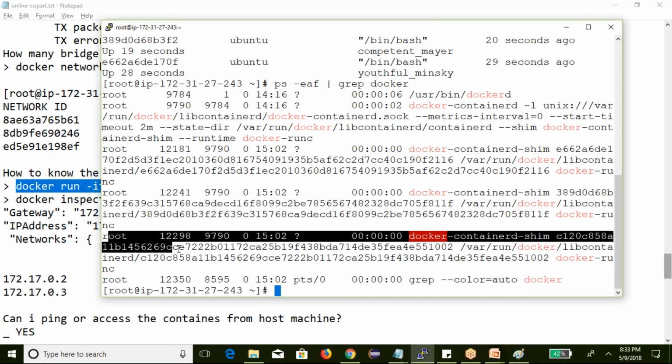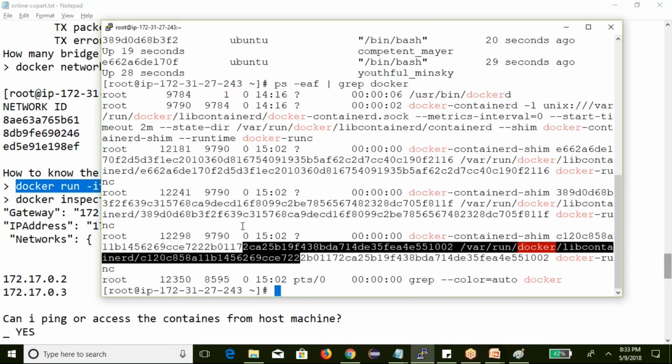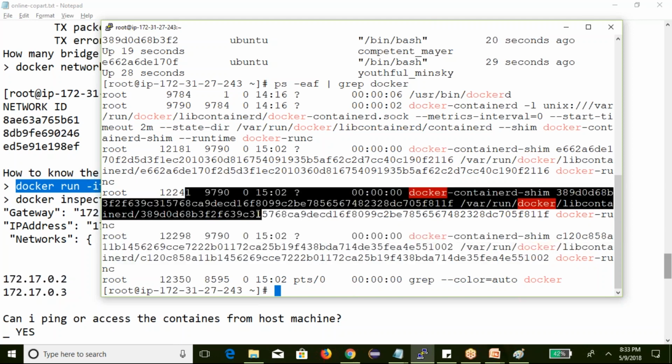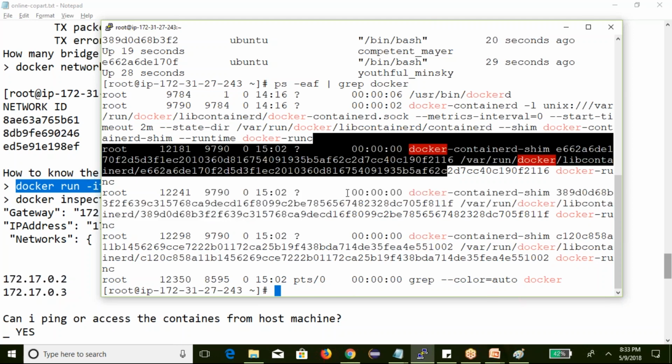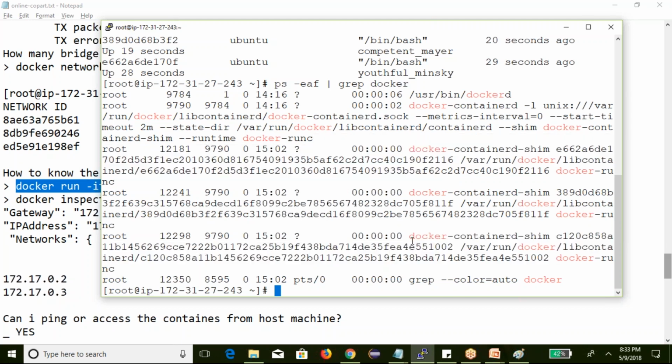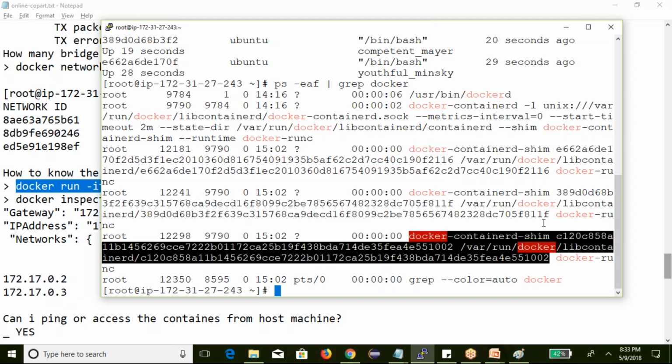So this is the parent process map created for this container, and accordingly for this container. Everything is on the host machine only, but we believe it's running inside the container. No, this host machine is holding your process. That's the reason the container is running.